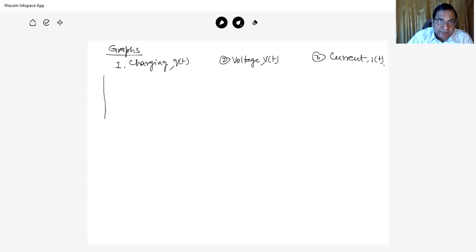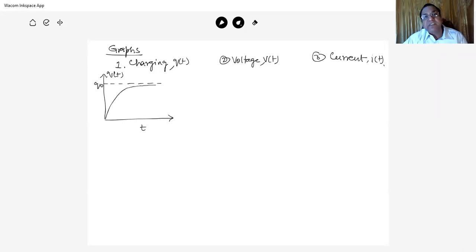So first is, this is time. Here this is Q(t), and this value is Q0. This is the curve for the charge. This point is 0.632 of Q0.